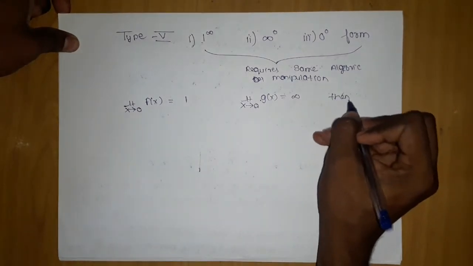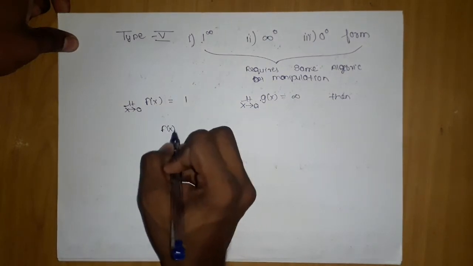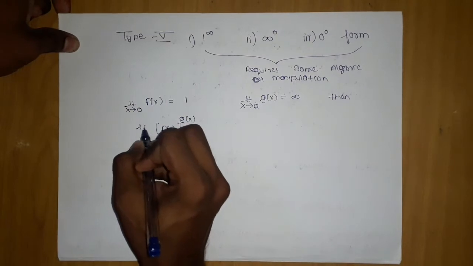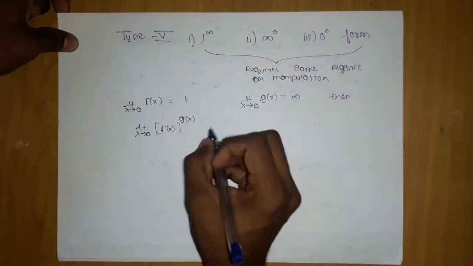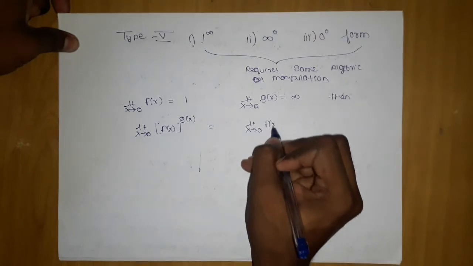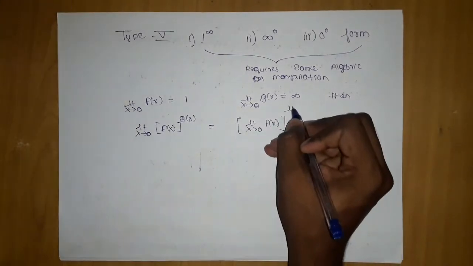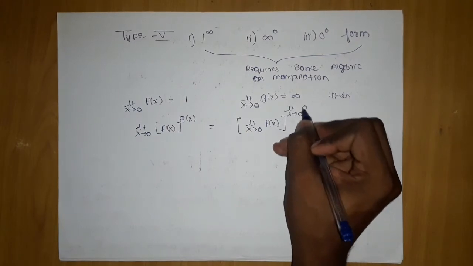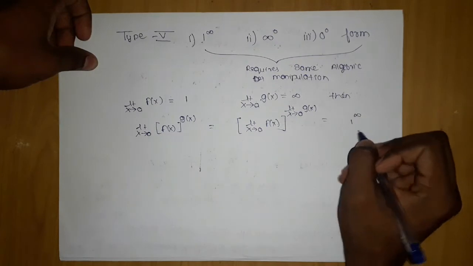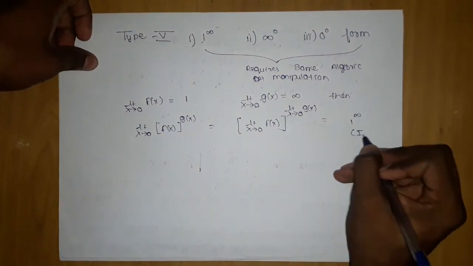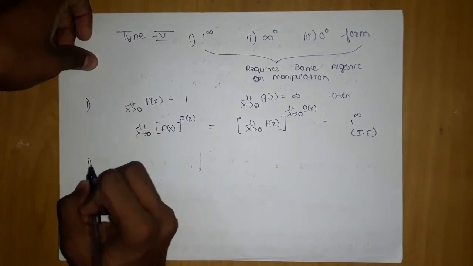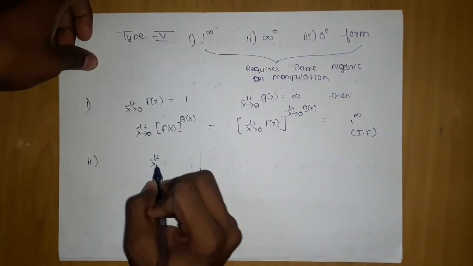Then if there is a function f of x power g of x, limit x tends to a, if I distribute the limits, and substitute, I will get 1 by infinity form, which is a new indeterminate form.